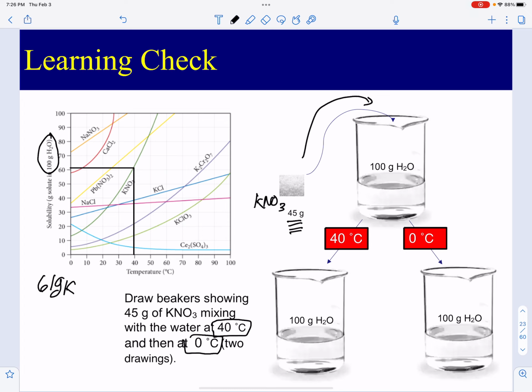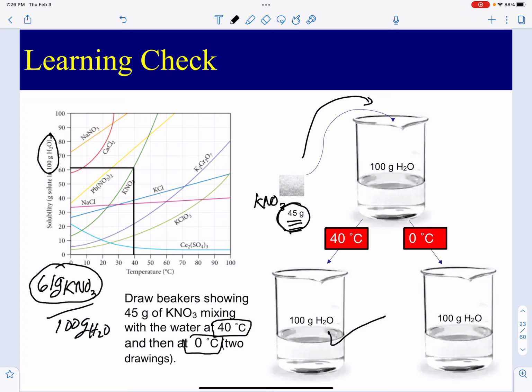So 61 grams of potassium nitrate can be dissolved in 100 grams of water. So if I'm trying to dissolve 45 grams, and at that temperature I can dissolve a maximum of 61, then you will get a homogeneous mixture because everything has been dissolved in the water.